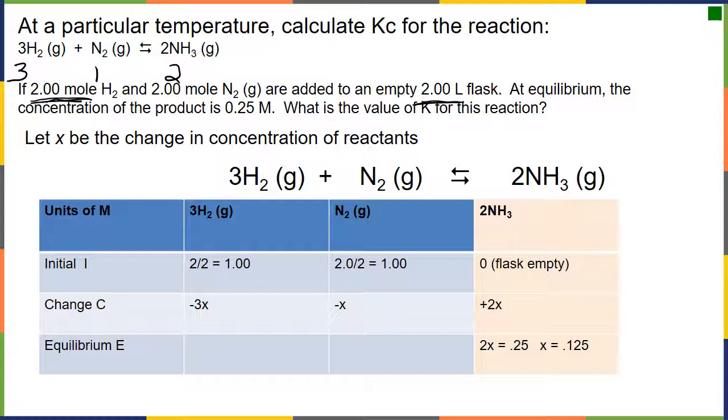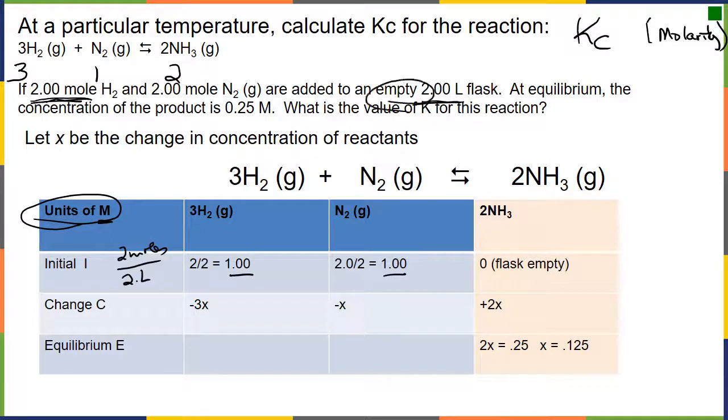If we're given moles and volume, we're in units of molarity, so we have to remember that our K sub C is always going to be in molarity. If we have a K sub P, it's always going to be in atmospheres. So we take 2 moles divided by 2 liters, and we get 1 molar. Our nitrogen concentration is the same, 1 molar. The flask is empty, so we have 0 ammonia.